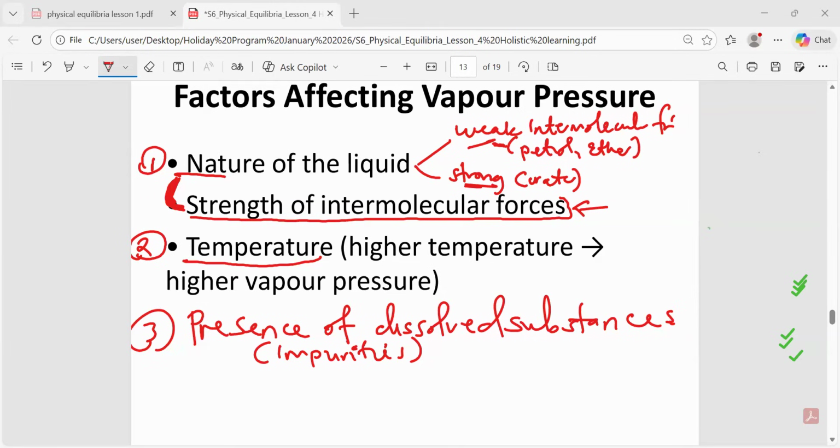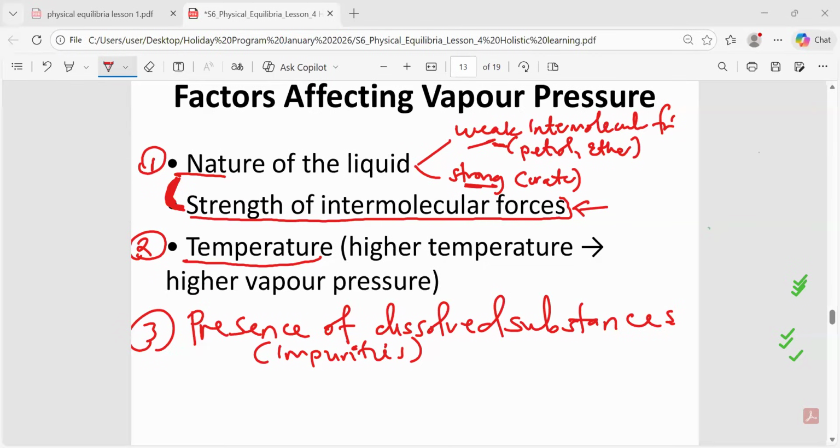When different substances dissolve, for example in water, the water molecules form hydrogen bonds between themselves. But when some substances or impurities are dissolved, they change or alter the intermolecular forces. So some may not bond with water via hydrogen bonding, but may bond in some other way.